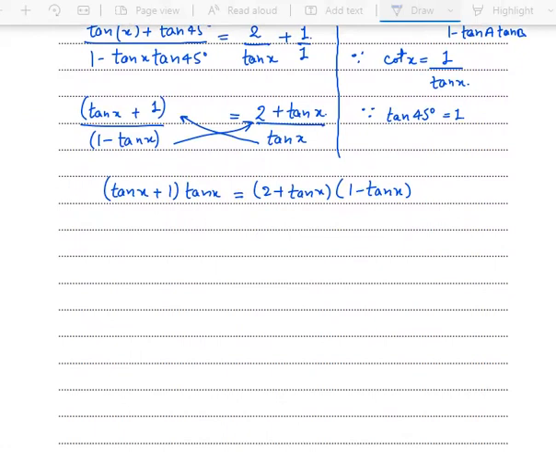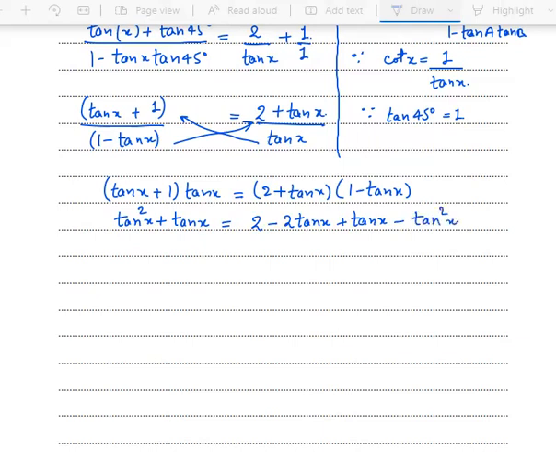Okay. So now if I open the bracket, I'll get tan x into tan x, which is tan square x, plus 1 into tan x is tan x, is equal to 2 into 1, 2. 2 into minus tan x is minus 2 tan x, plus tan x into 1 is tan x, plus into minus minus, tan x into tan x is negative tan square x.